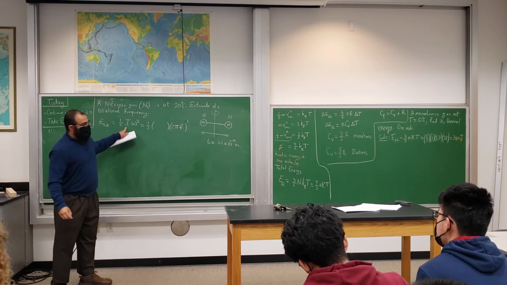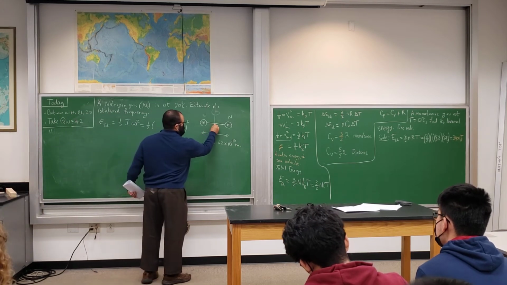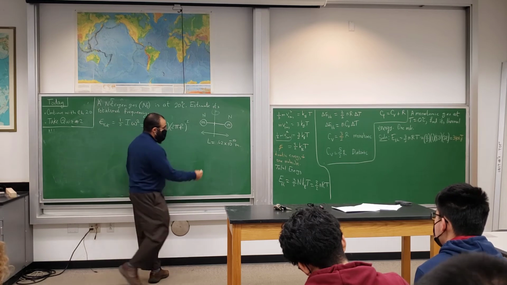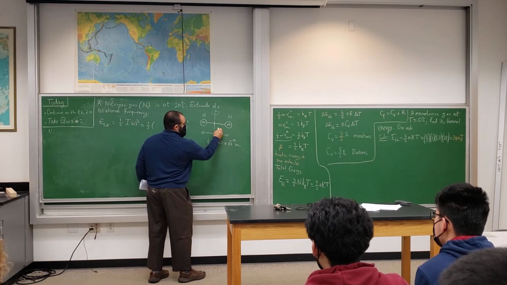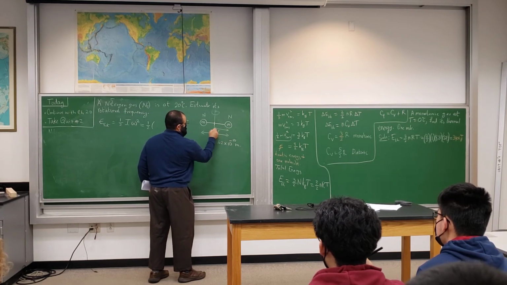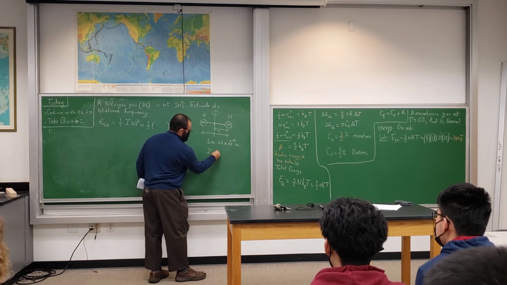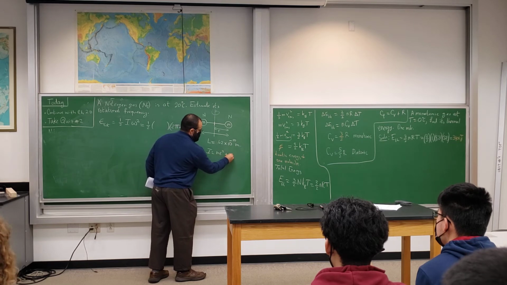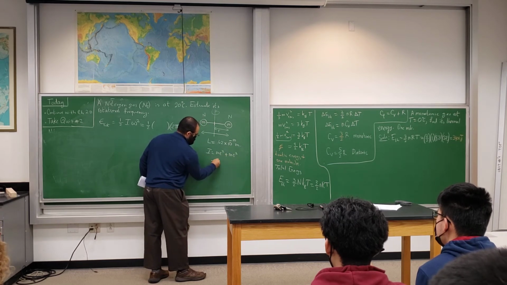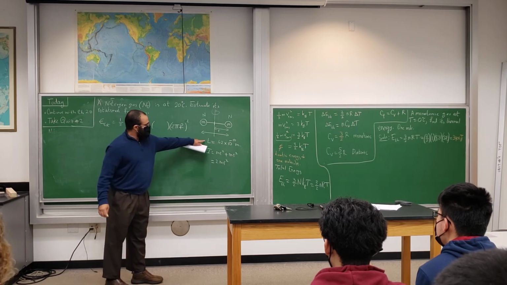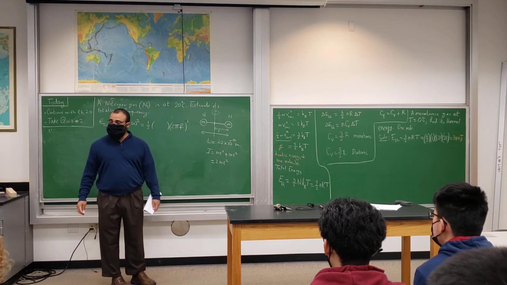Now what is I? They're rotating about here. It's m r squared for this one, where the distance from here to here is r, and m r squared for this one. So the moment of inertia would be m r squared plus another m r squared. So that's twice m r squared. But how is r related to L? r is L over 2.